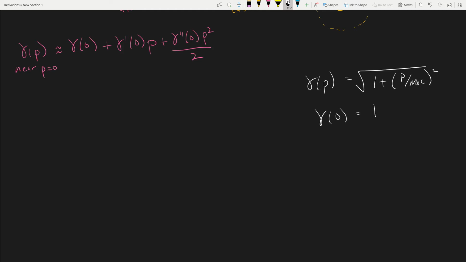Okay, so gamma prime is going to be equal to, the half comes down, you get 2p over m naught c, all squared, and then 1 over the square root. Well, it becomes negative half, so it's 1 over the square root of 1 plus p over m naught c, all squared.